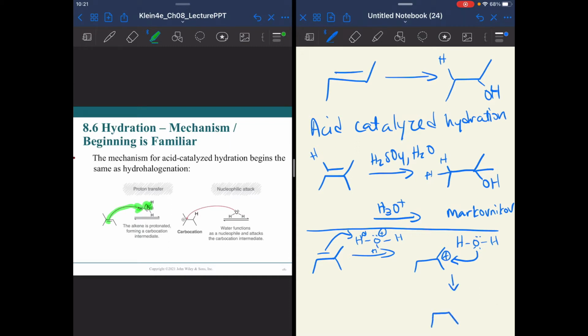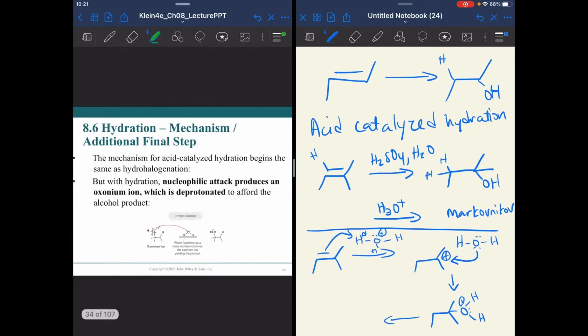Now, there is one extra step that we have to go through here because water has 2 protons. And we can't just pretend that it doesn't, right? We have to do a final proton transfer. Now, what is going to act as a base? We are in an acidic solution. When you are in an acidic solution, do not bring in a strong base.